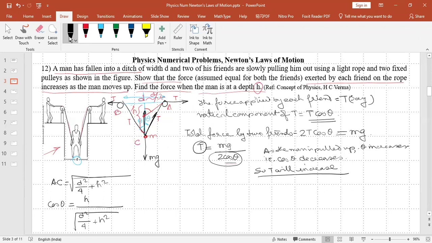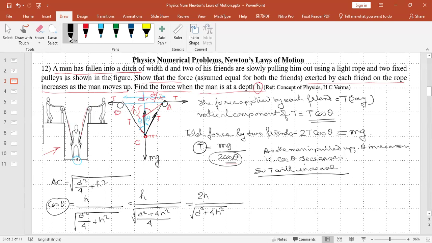Working this out, this is h divided by the root of d square plus 4h square, divided by 4. The 4 under the root is 2, it will come upward. So it is 2h divided by the root of d square plus 4h square. So this is cos theta. So cos theta is known.